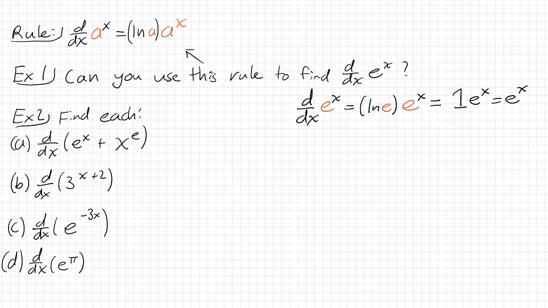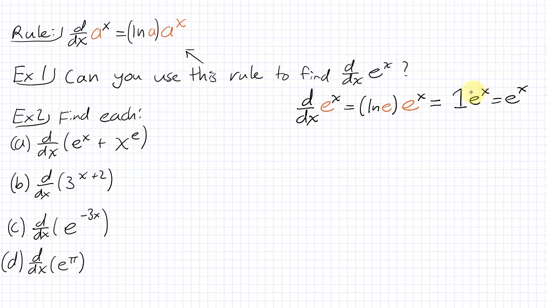Okay, so just using this rule to find the derivative of e to the x, I just mean using this rule with e instead of a, and it works out so that you do the natural log of e times e to the x, because this has natural log of a, and the natural log of e is 1, just by definition of natural log.